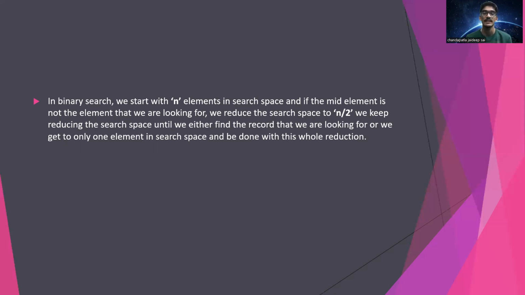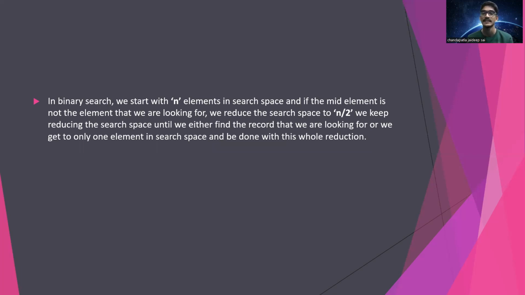We are searching n elements of the array, which are in sorted order. We select a key element which we are searching for in the array. After selecting the key element, we find the middle element of the array by using the average of the first index and last index.